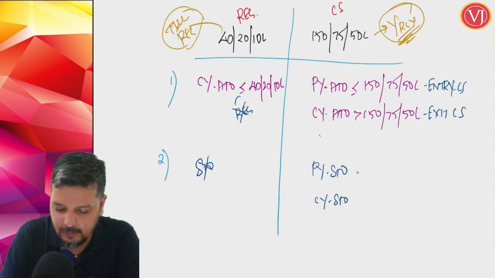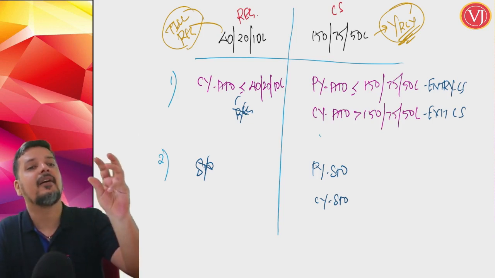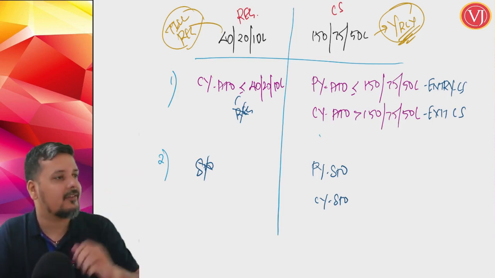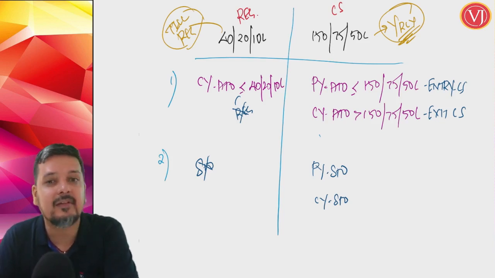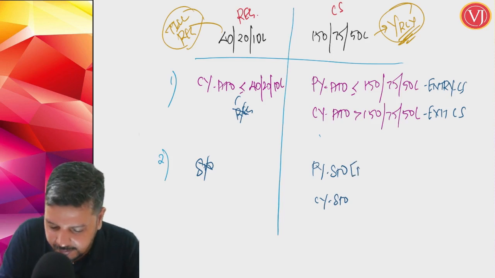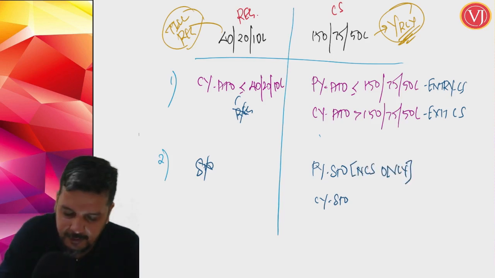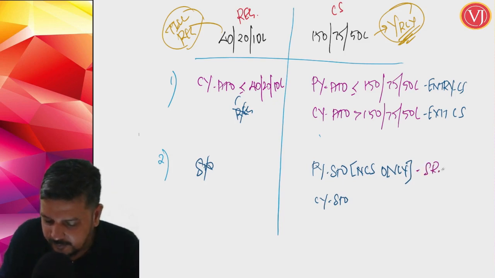Previous year state turnover is relevant only for your normal composition scheme, for finding out the service limit, for finding out how much service you can have.